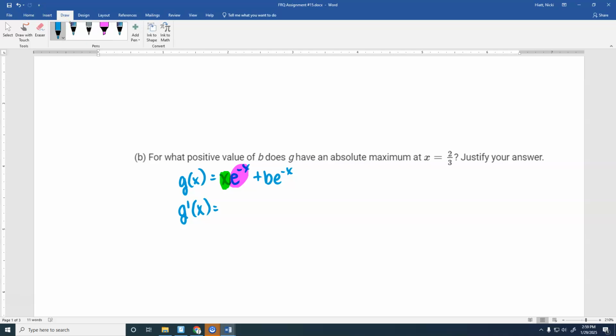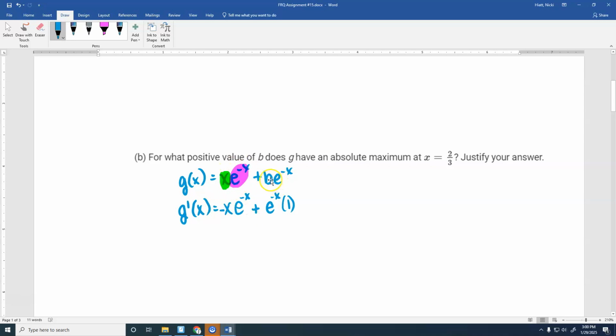You are going to do x times the derivative of e to the negative x. The derivative of e to something is e to that something, but you've got to use a chain rule for your exponent. What's the derivative of the exponent? Negative 1, so I'm just going to put that negative out front. Plus, then you'll have e to the negative x times the derivative of x, which is just 1.